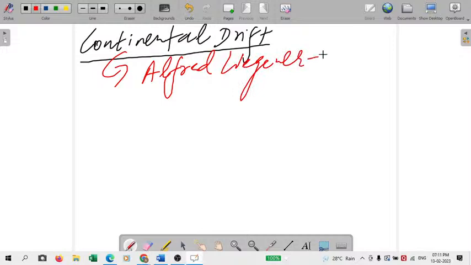In 1912 he proposed the hypothesis of continental drift. His work is most important because it was the pioneering effort, the first effort towards understanding crustal movement on the surface of the earth, in which a correct hypothesis was put forward.